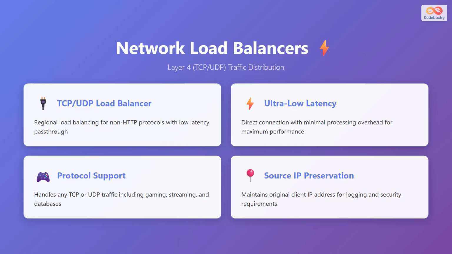Network load balancers support any TCP or UDP traffic, including gaming servers, streaming services, and database connections. They also preserve the source IP address, maintaining the original client IP for logging and security requirements. This makes them perfect for applications that need to know exactly where traffic is coming from, such as geo-restricted services or security-sensitive applications.